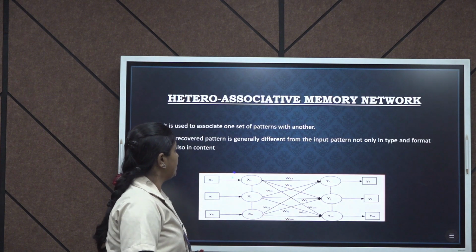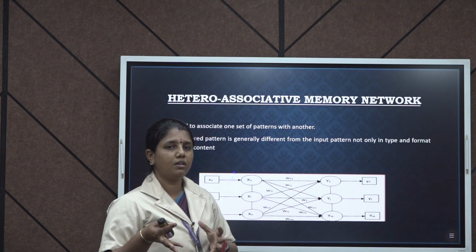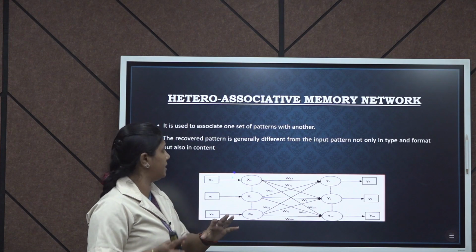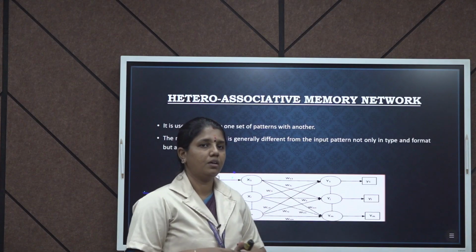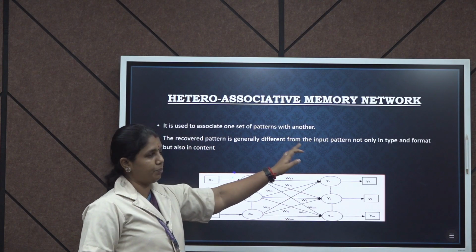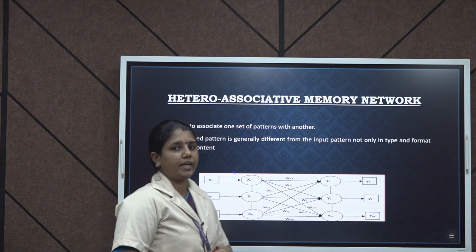And hetero associative is data compression and data retrieval. Here we associate one set of patterns with another. The recovered pattern is generally different from the input pattern, not only in type but also in format.